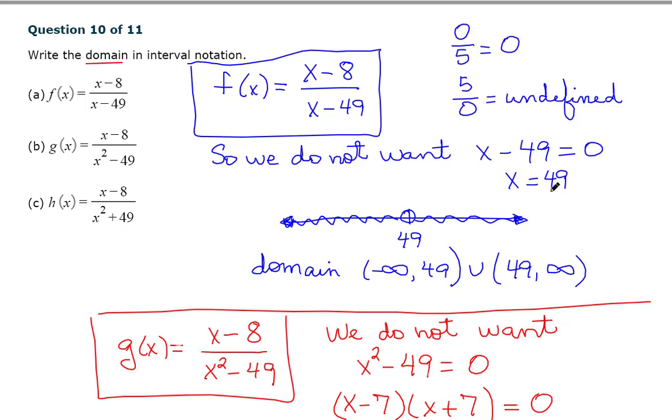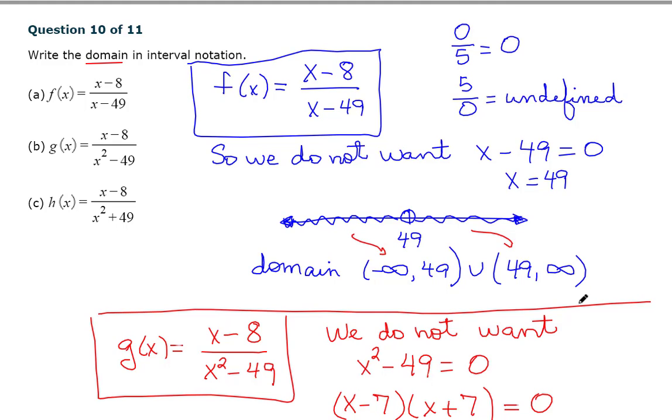Now, that's the only number that makes the bottom 0, so everything else works. So I get the left part, which is minus infinity to 49. It's an open dot, so I get a parenthesis. Infinities always get parentheses. And then the right part starts not at 49, but right above it and continues to the right forever.